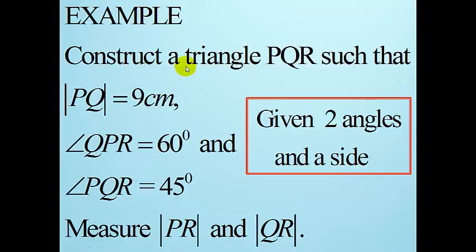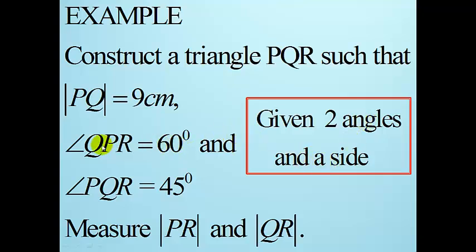Now example, construct a triangle PQR such that PQ equals 9 centimeters, angle QPR equals 60 degrees and angle PQR equals 45 degrees. Measure PR and QR. With this question, we are given two angles and a side.